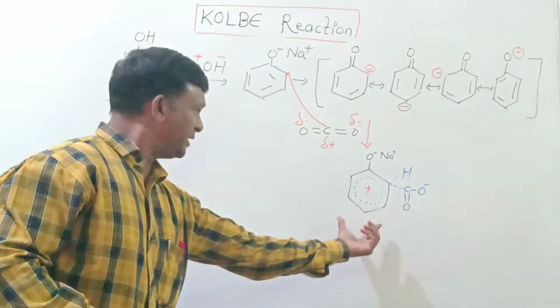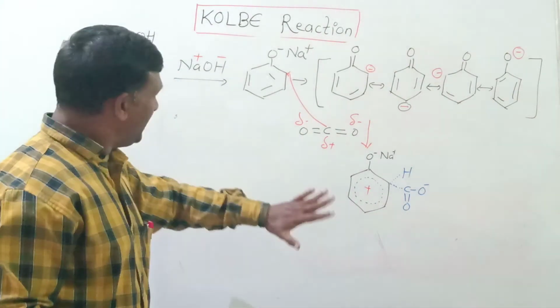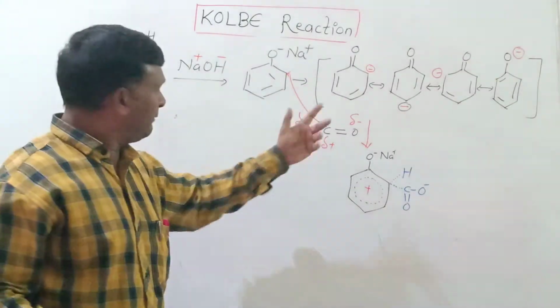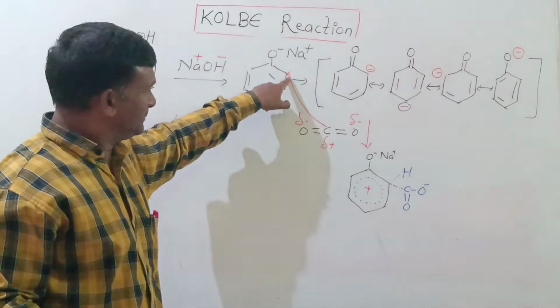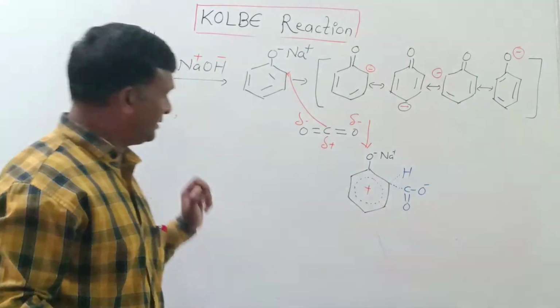This is the intermediate species formed during the reaction. When the carbon is developing a bond with this carbon, the partial bond formation takes place.